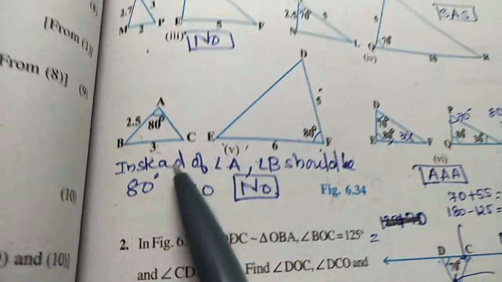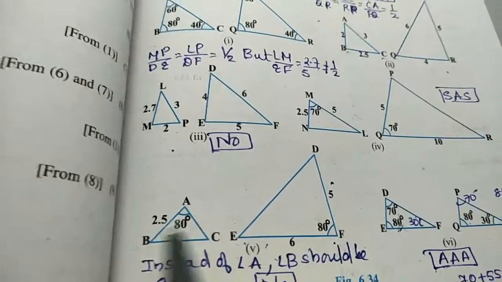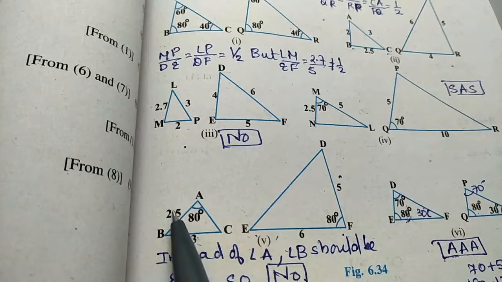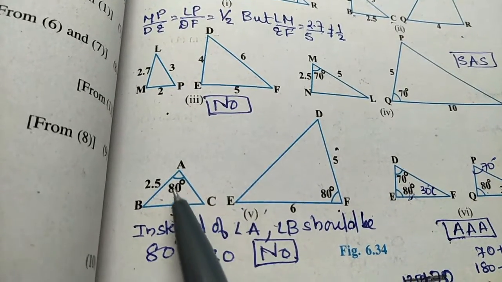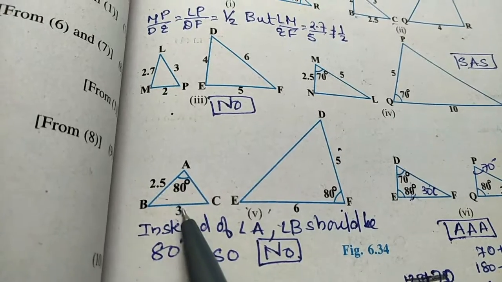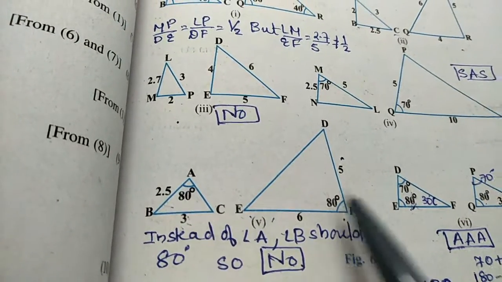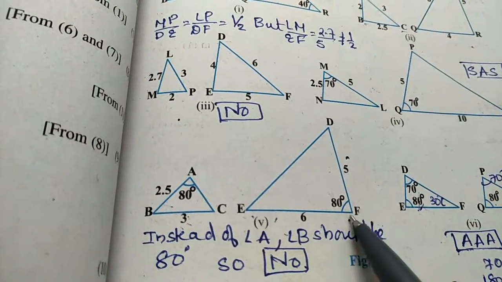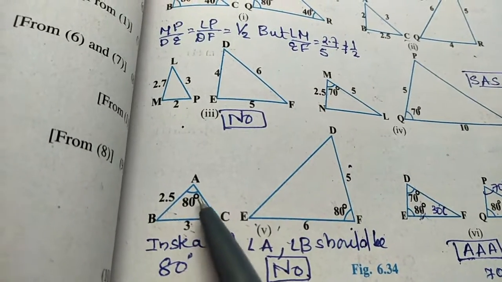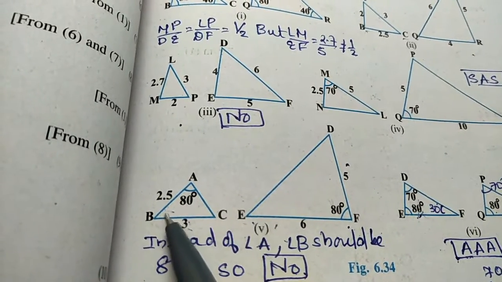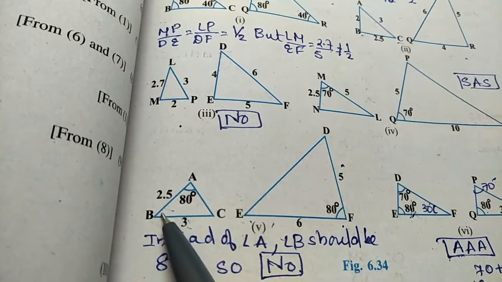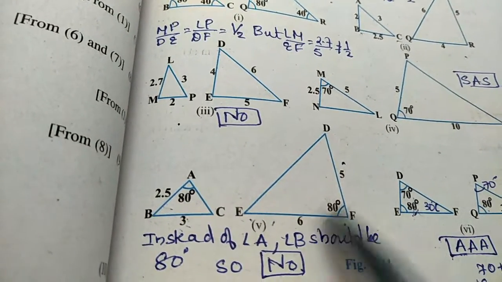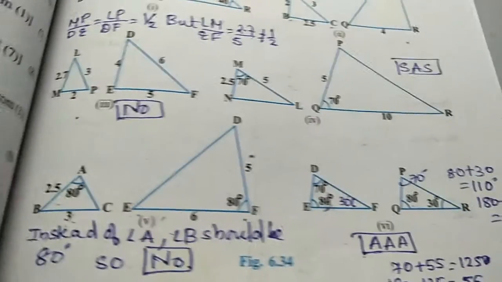Now here, if you see, you have got two sides and the angle. You can see these two sides, and you can see these two sides. Now in one the two sides have the included angle, but in the other the angle is outside. Actually it should be between the two sides, so the angle should be given there. Here it is proper but here it is not, so this is not possible.